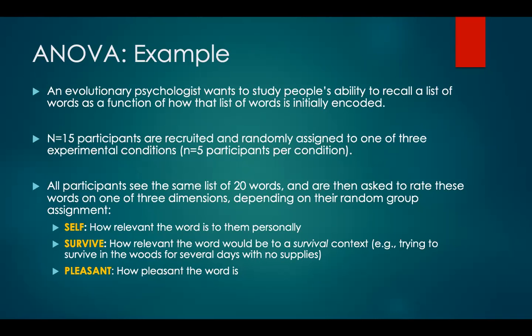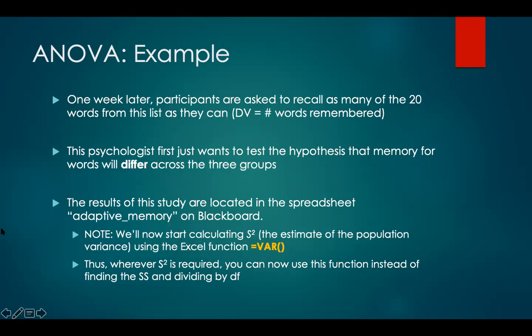So one group rates it on self, so how relevant that word is to themselves personally. Another group rates it on how relevant the word would be to a survival context. For example, trying to survive in the woods for several days without any supplies. And the third group rates that word on pleasantness, so how pleasant is that word? 1 week later, participants are asked to recall as many of the 20 words from the list as they can.